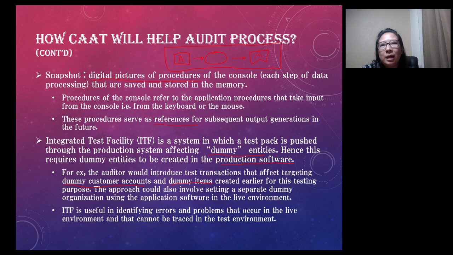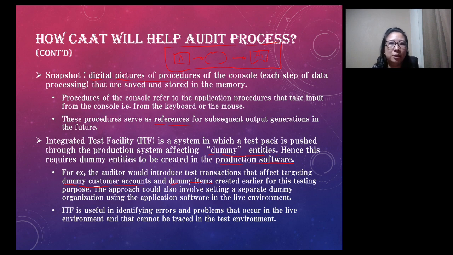Sometimes in the testing server, the environment can be different. Sometimes we cannot really take a similar transaction in the testing area. For example, when we have the integration with the bank or with the courier, of course we cannot test it in the testing server, right?